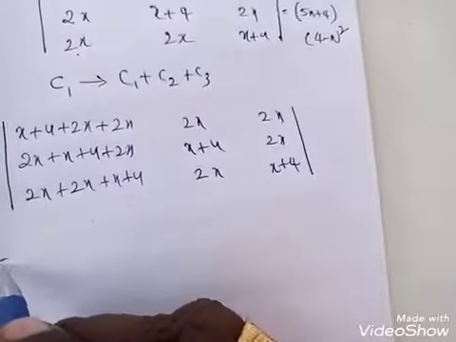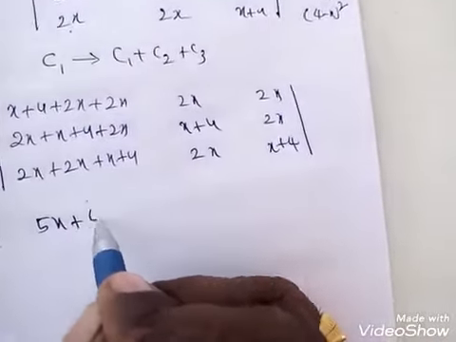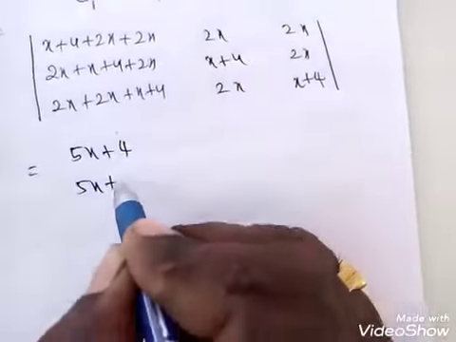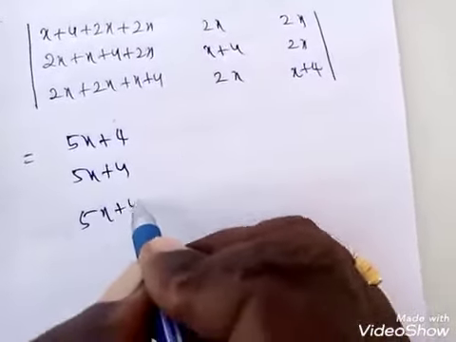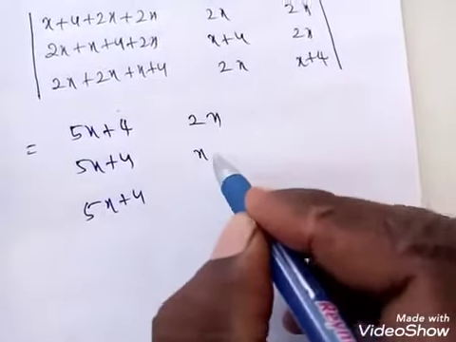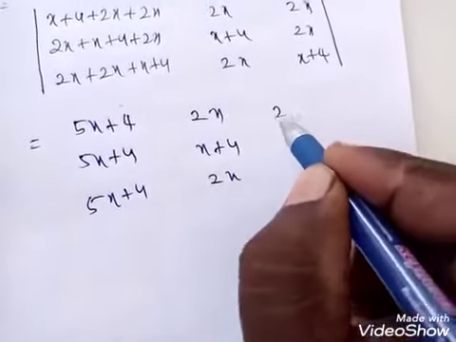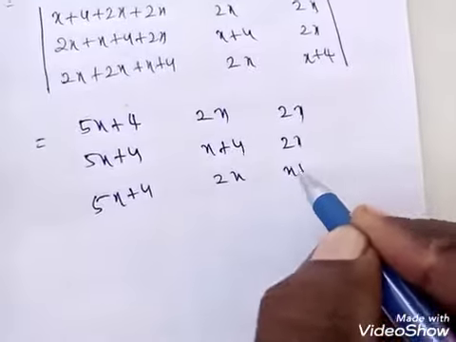Now here this becomes 5x plus 4, 5x plus 4, 5x plus 4, and the rest is 2x, x plus 4, 2x, 2x, 2x, x plus 4.